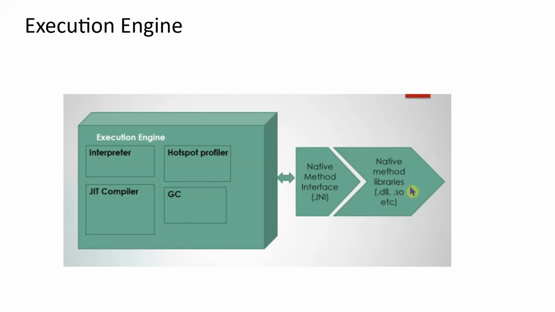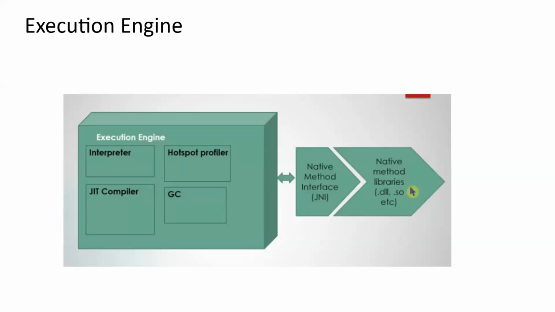End of the day, it is Java code in itself, which is going to run when a JVM starts. Your GC will also get started, and it will be there throughout your JVM cycle. So garbage collector is part of your execution engine.